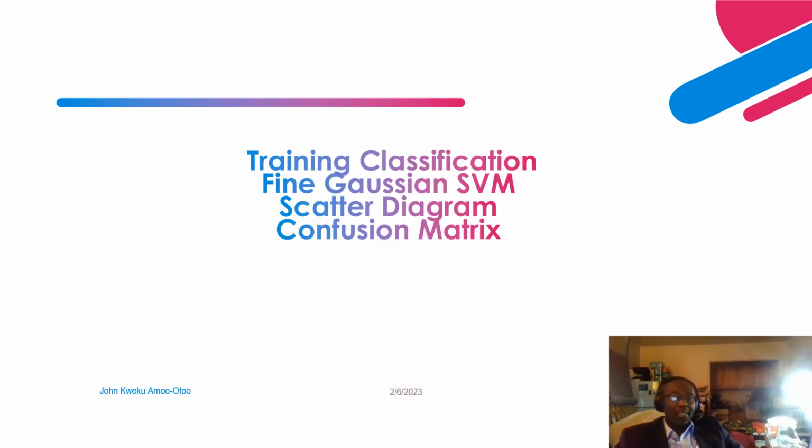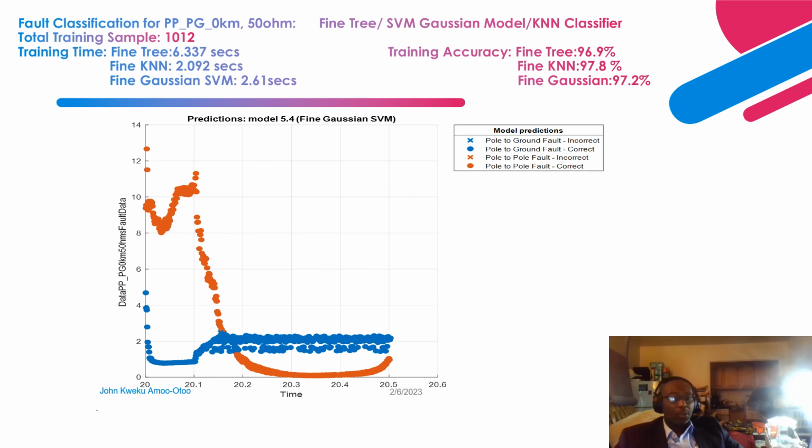Now let's take a look at the fine Gaussian support vector machine. We'll take a look at the scatter diagram and the confusion matrix for it. This one is the scatter diagram, which shows basically the clear distinction. As you can see over here, you can see some crossing, and this is where the misclassification comes about.